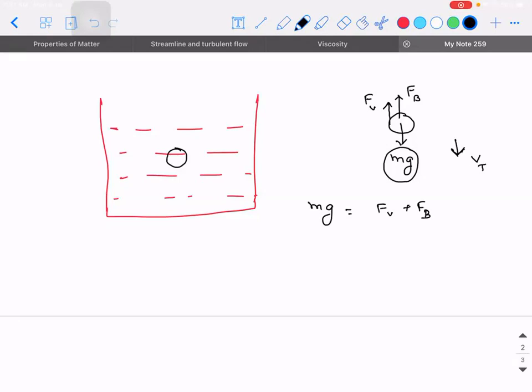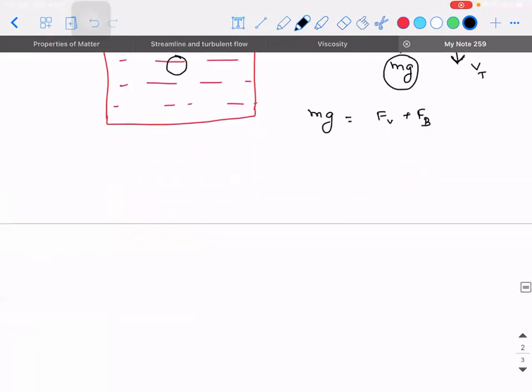Now, what is going to be the mass of the solid? It is the density of the solid into 4 by 3 pi r cube into g, which will be equal to, can you tell me what is the viscous force, guys? What is the viscous force that is acting?